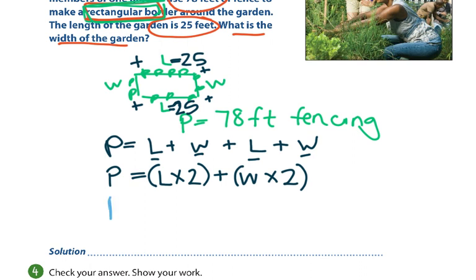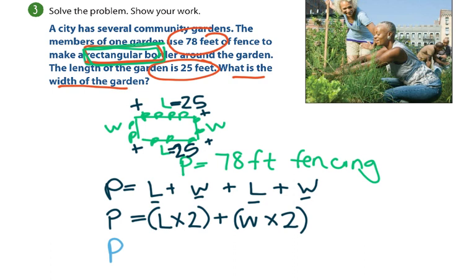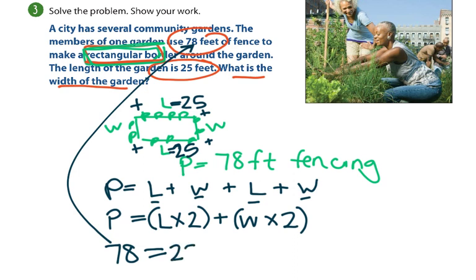So I'm going to take perimeter, which they already told me the answer for perimeter. Perimeter is 78 feet. I saw 78 there. Equals, I know that one of the lengths is 25, so I'll put 25 times 2, because if one side's 25, what's the other side, Chance? 25.